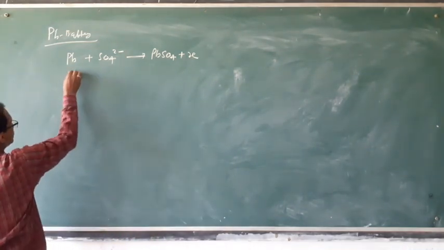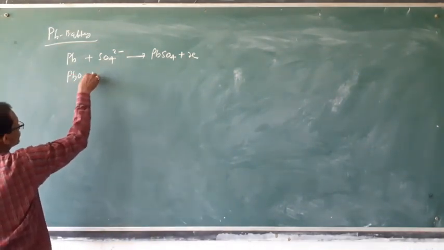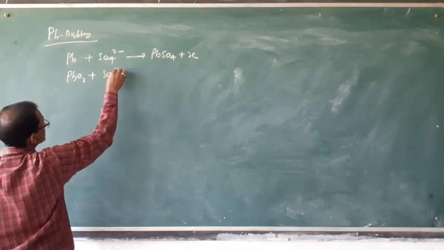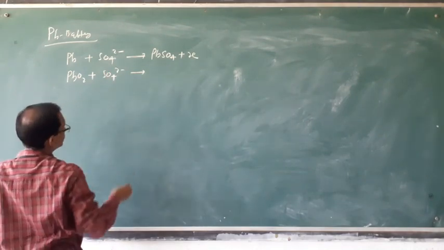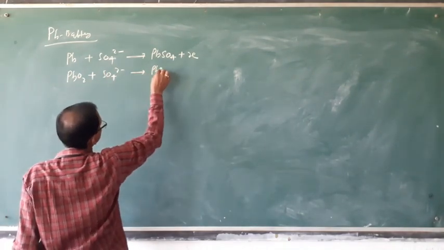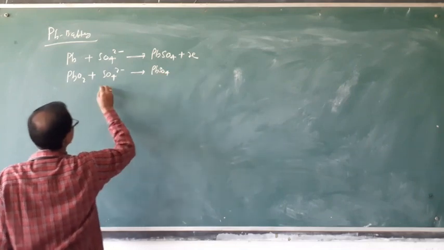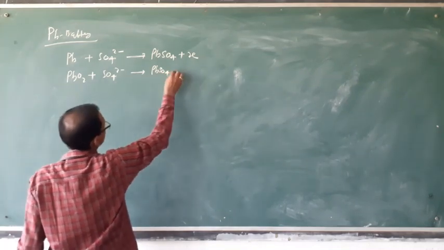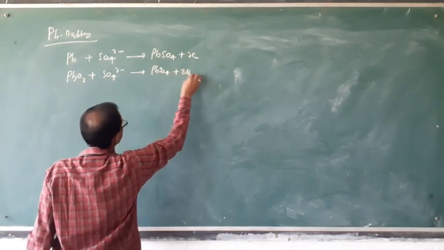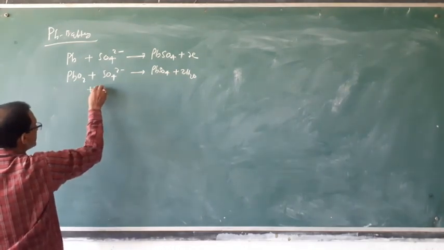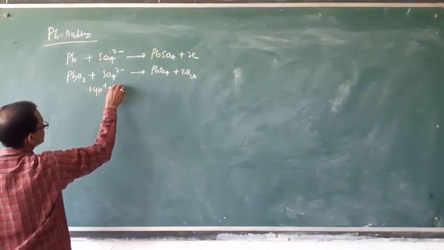Then PbO2 as cathode, in presence of the same sulfate ion, converts to PbSO4, and to balance oxygen, 2 water, then 4H plus and 2 electrons.